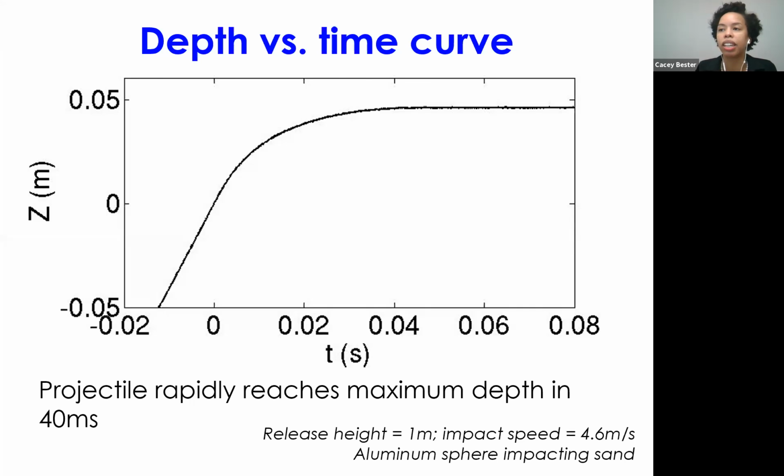So we see that the object approaches the surface, and then once it impacts, it rapidly reaches its maximum penetration depth of only about 5 centimeters in this case. And the entire process happens in only about 40 milliseconds.